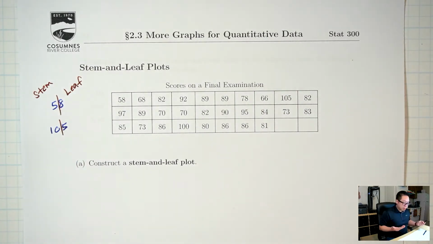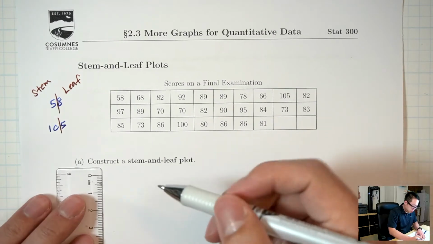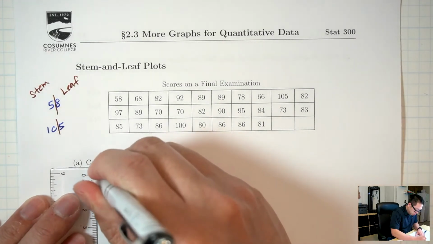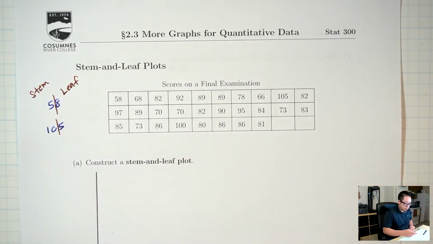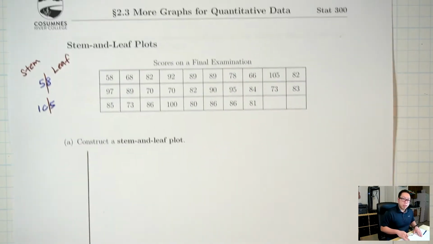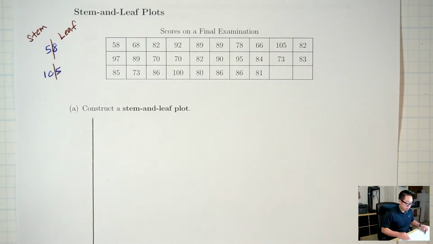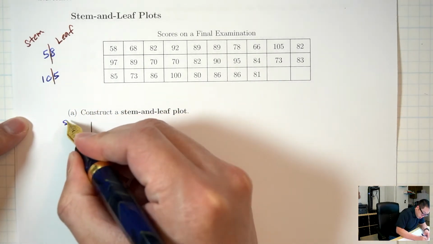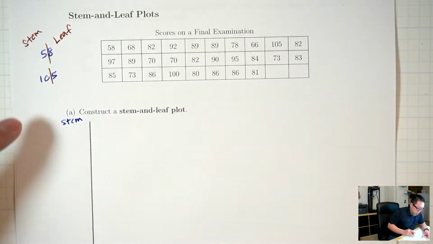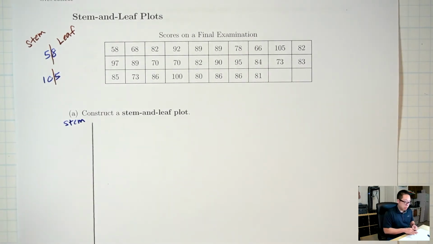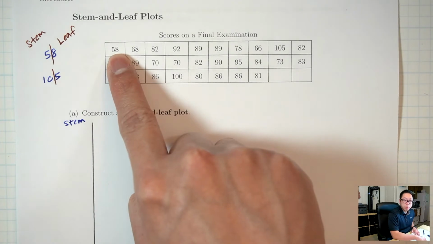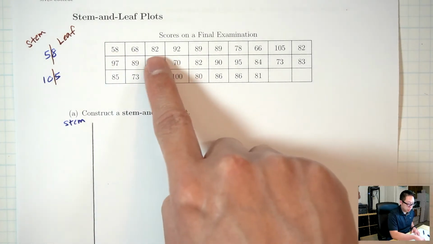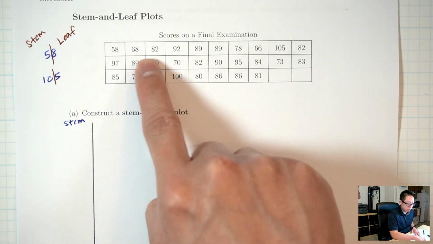And the way you make a stem and leaf plot is, I'm going to first draw a line. On the left side, I'm going to list all my stems. So if I look at my data and try to figure out what are all my possible stems: 58, the stem is 5. 68, the stem is 6.